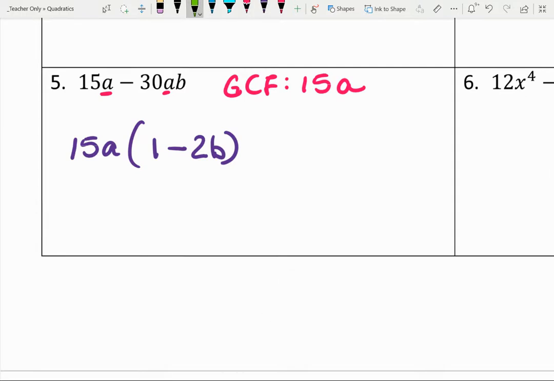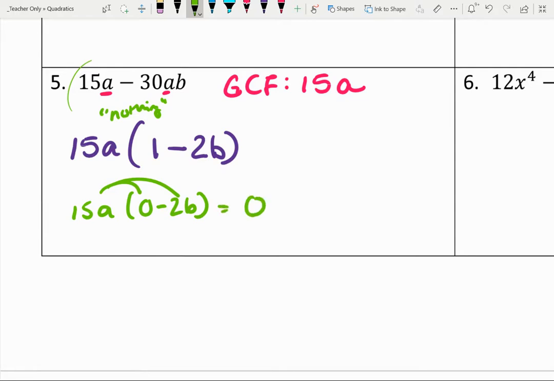Now, it's really important that I have that 1 in there because a lot of times we'll think, oh, I took out a 15a, right? That means that there's nothing left, right? But that's not quite true, because if we were to think about it as just 0, or maybe if we tried it as 0 minus 2b, when I checked and did that multiplication, 15a times 0 is 0, and then we would have that minus 30ab, and that 0 does not match what we were looking for.